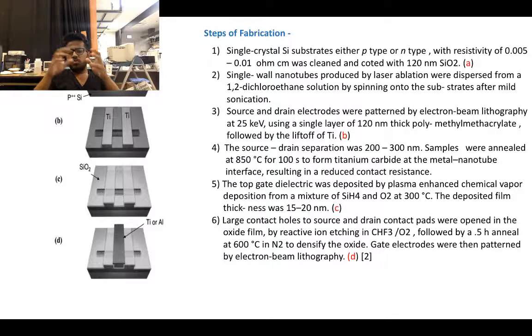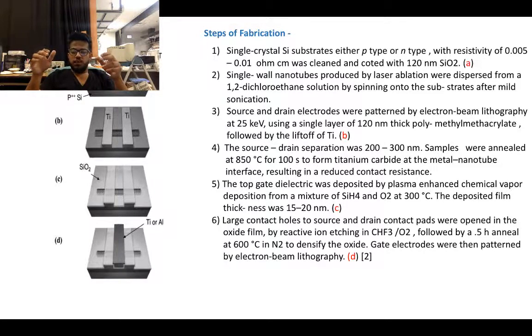Then the source and the drain electrodes can be patterned using electron beam lithography, and for that we use a mask, which is polymethyl methacrylate.